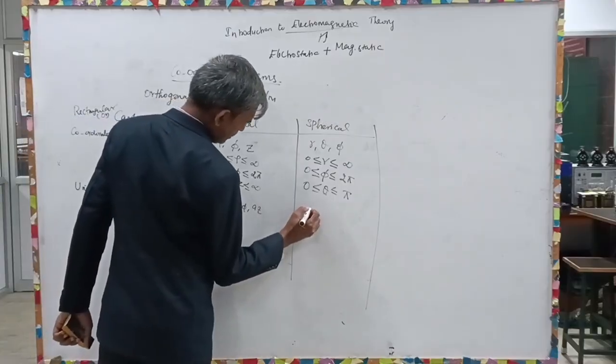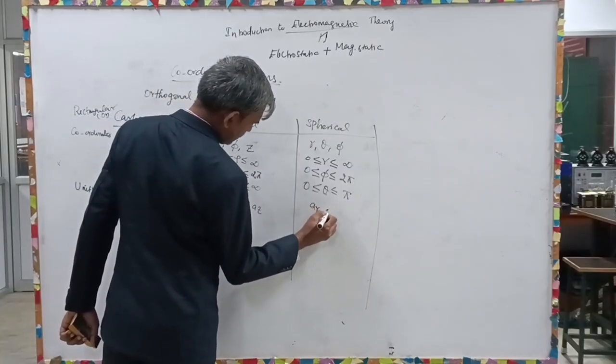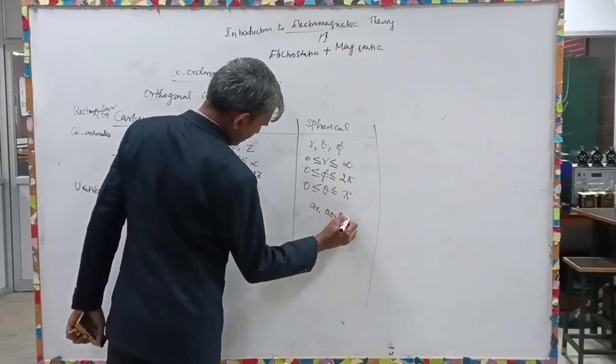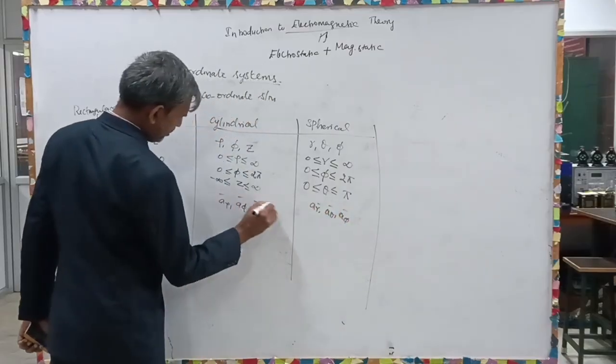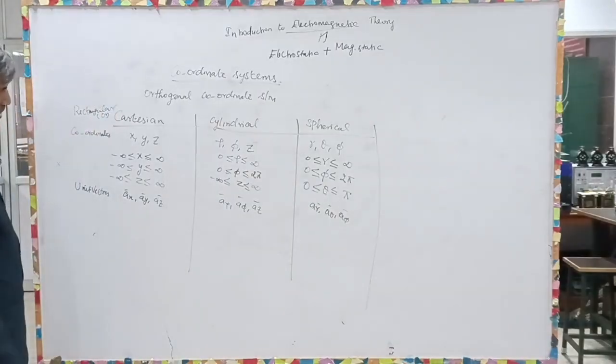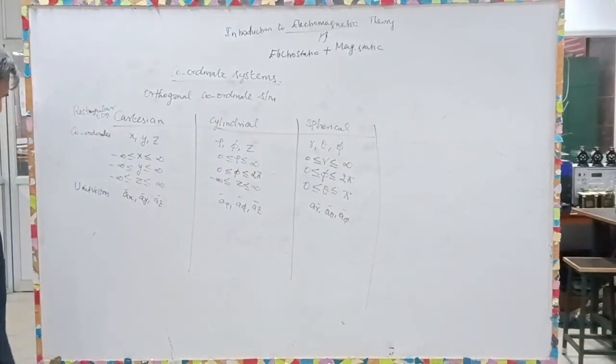For spherical system, ar, a theta, a phi. So these are all the unit vectors of the different coordinate systems.